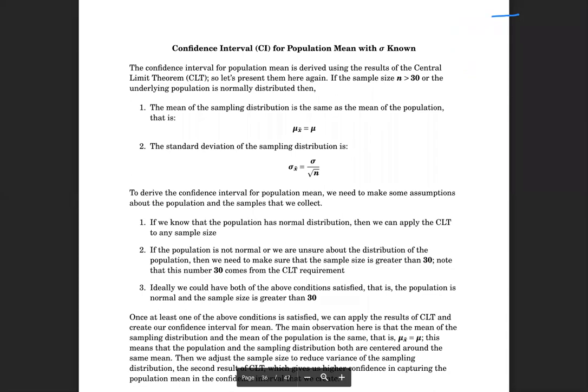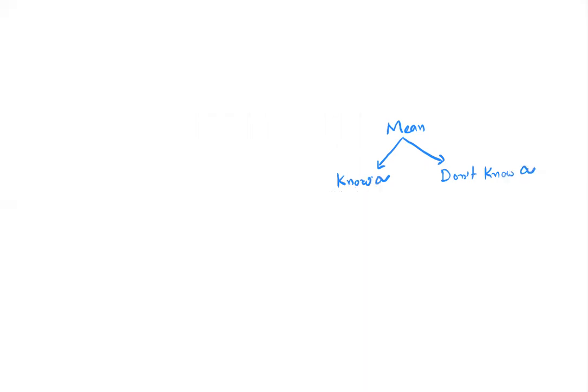Now, when we do confidence interval for mean, we have to consider two scenarios. One is when you know sigma, that means you know population standard deviation. The other is you don't know sigma, that means you do not know population standard deviation. If you do know sigma, you use the z-scores table, the standard normal distribution table that we have been using.